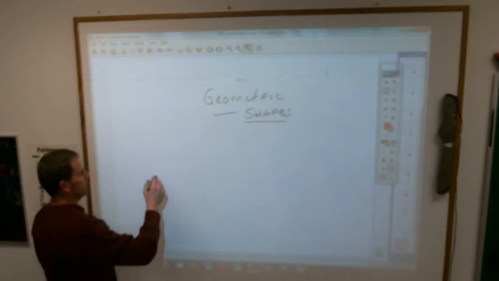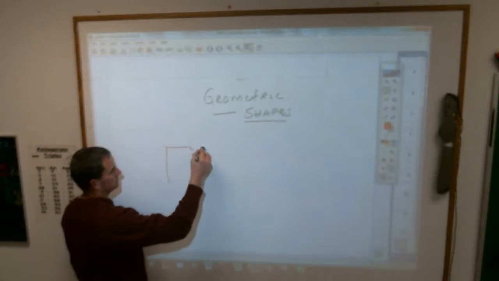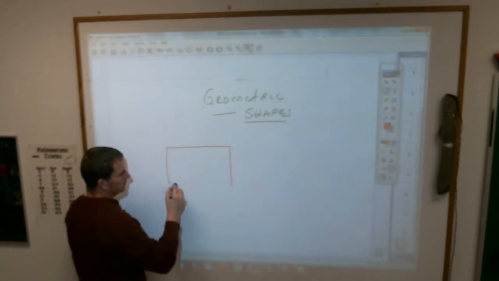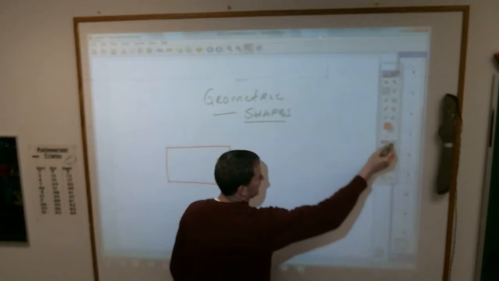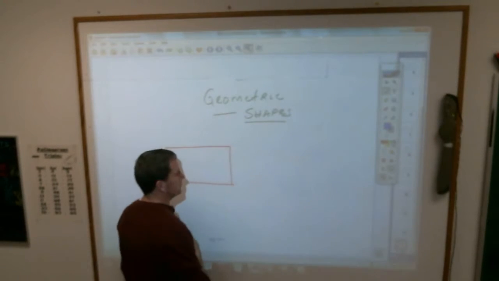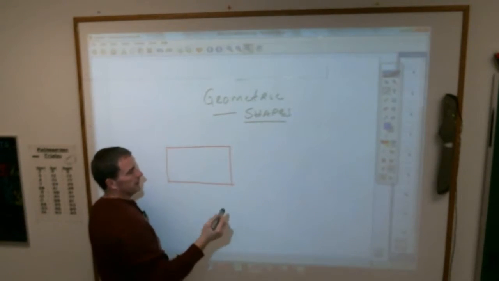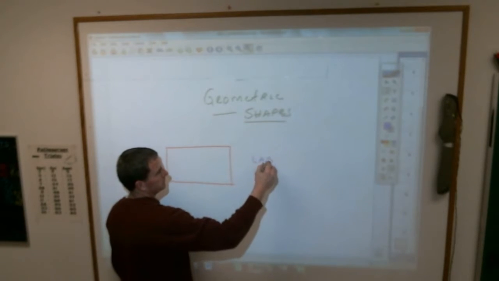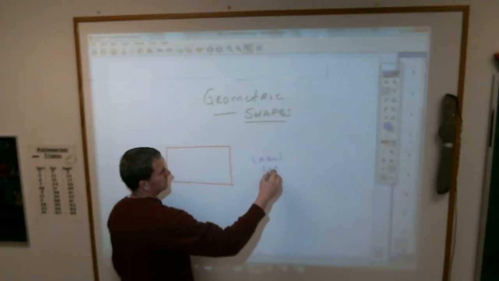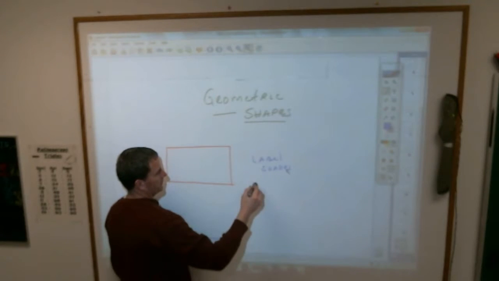When you talk about a shape, it's a pretty nice looking rectangle there, isn't it? Usually in math, we label shapes by what's called their endpoints.